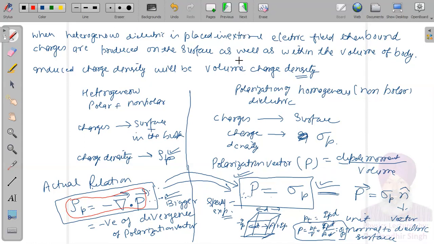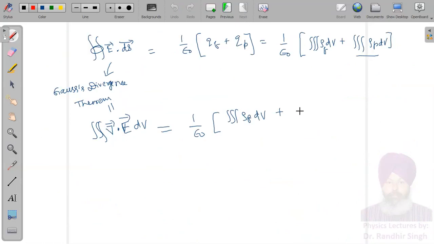So therefore, I can write here, it will be minus triple integration of del vector dot capital P vector dv.